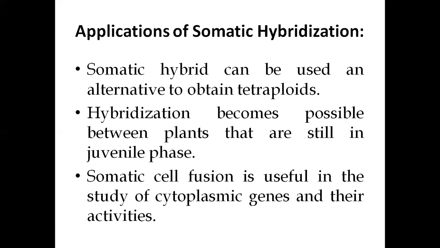That is the disadvantage of somatic hybridization. In many cases, chromosome elimination occurs during the production of somatic hybrids. That leads to the production of asymmetric hybrid. Such hybrids may be useful, but there is no control over the chromosome elimination.